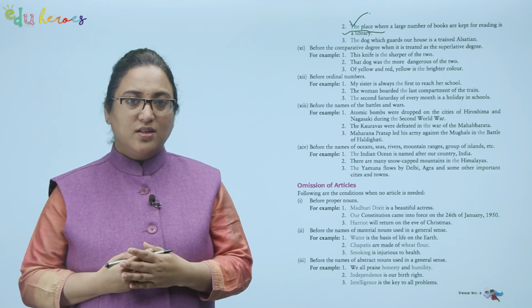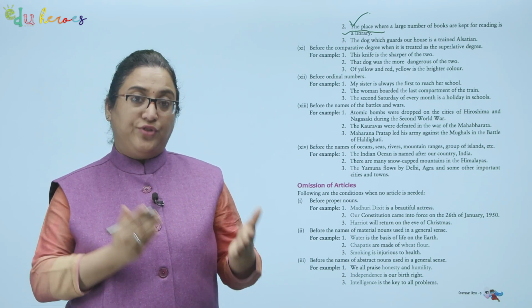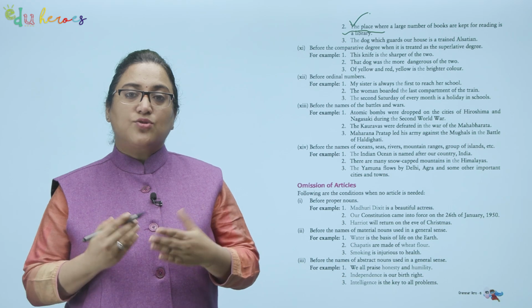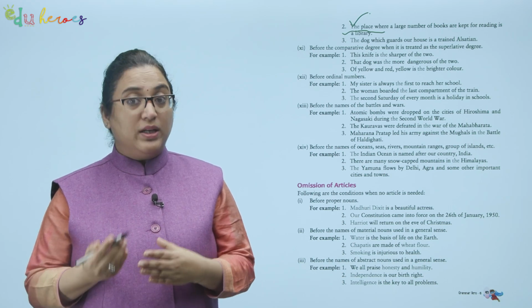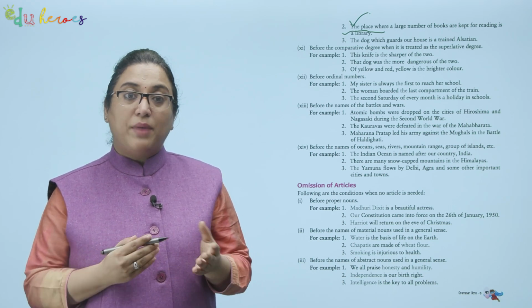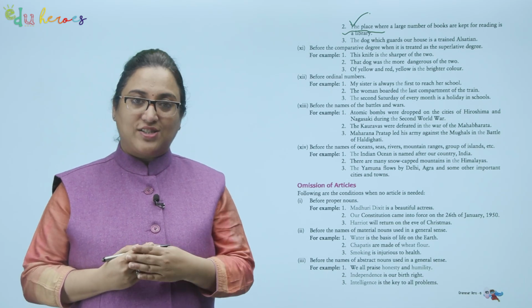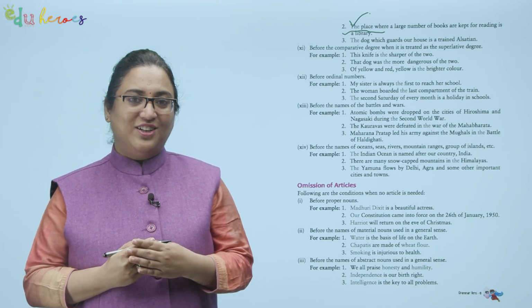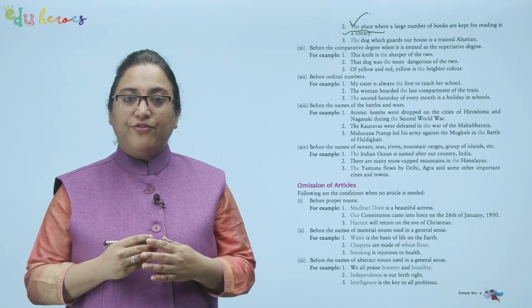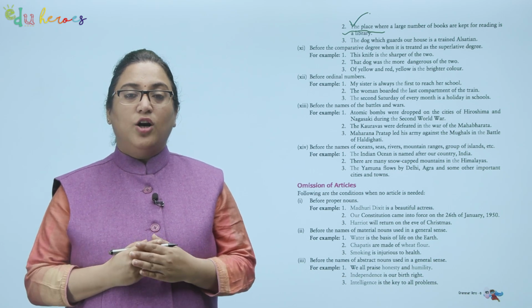Another usage is before the comparative degree when it is treated as the superlative degree. Although it is comparative, the treatment is of superlative. This is interesting. How? Let's find out. This knife is the sharper of the two.